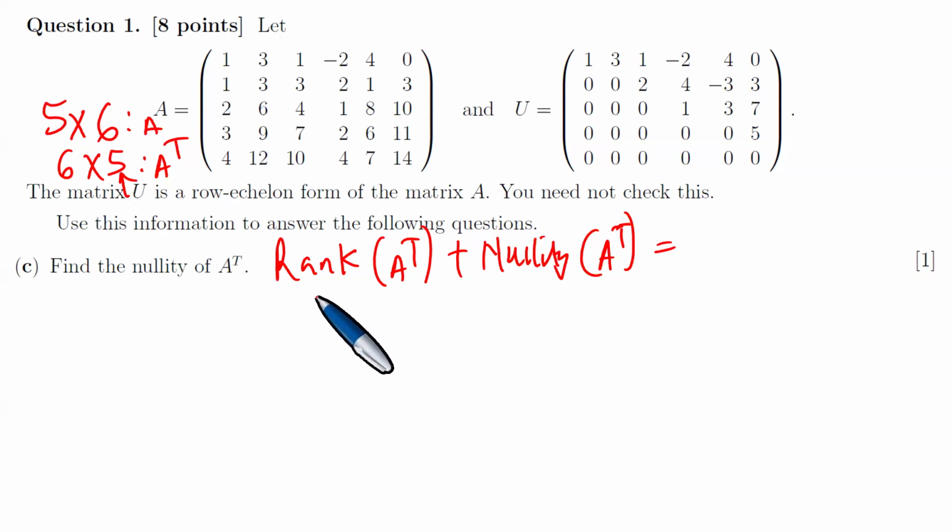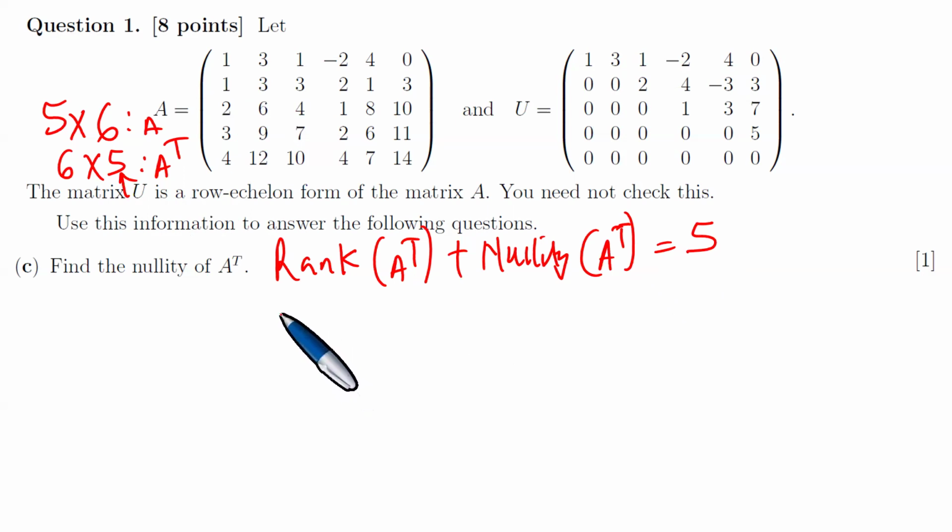So the rank of A transpose plus the nullity of A transpose equals the number of columns of the transpose of A, which is 5. Without even writing this, when we take the transpose, the columns become rows, so the number of columns is 5.